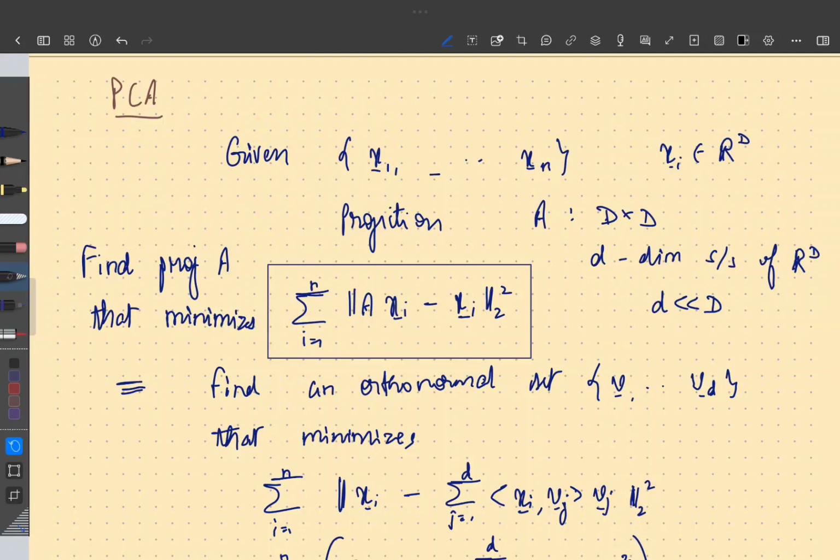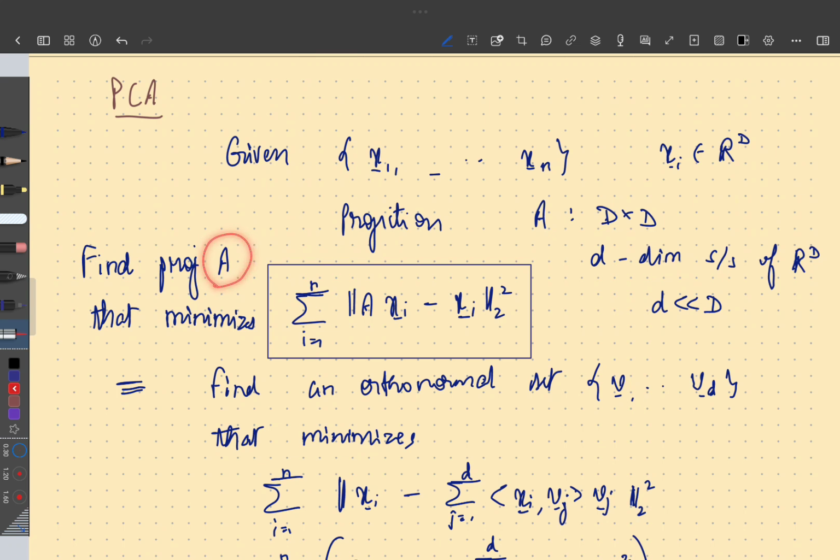In particular, the goal is to find some projection matrix A down to a low dimensional space. Let's assume that the original data points are in R to the capital D, where D is something very, very large. We want to project this down to a much smaller dimensional subspace of dimension little d, where we'll assume that little d is much, much smaller than capital D.